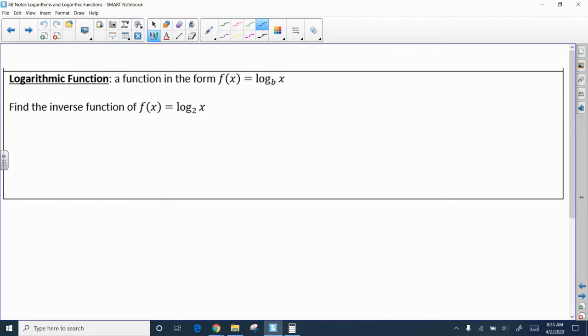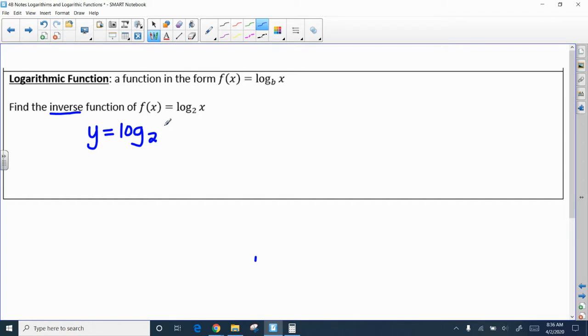So we found inverse functions back in Unit 2 last semester, right before Christmas break. So hopefully we remember this a little bit. So an inverse function, first thing I'm going to do is instead of f of x, I'm going to write that with y equals. So y equals log base 2 of x.